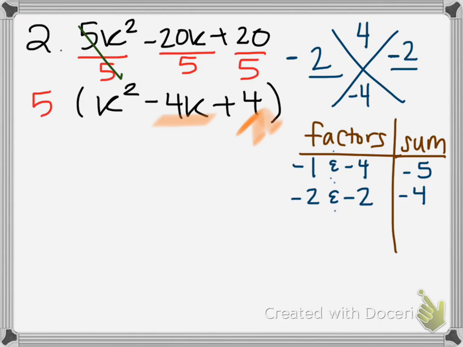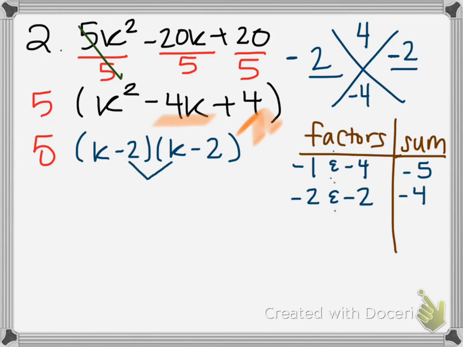So when I put it in factored form, again, the 5 comes down every single time. And it's going to be k minus 2 times k minus 2. We don't write it like that. Because I have the same thing multiplied by itself twice, that's the same as k minus 2 squared.